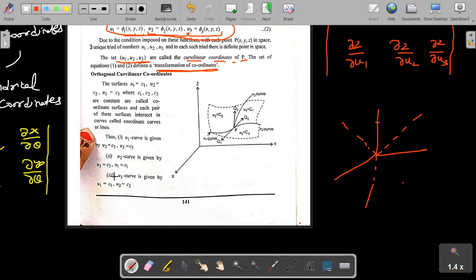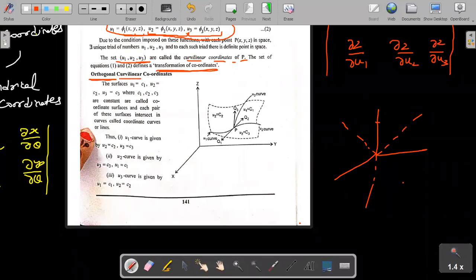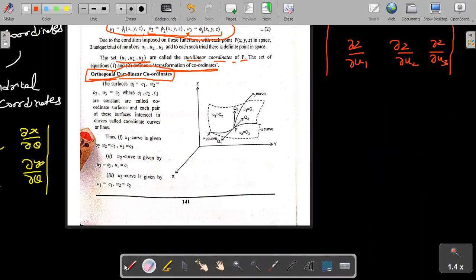So ये जो हम XYZ system use करते हैं, इसको हम orthogonal system बोलते हैं. So in particular, अगर ये curvilinear coordinates orthogonal हैं, they are known as orthogonal curvilinear coordinates. तो if I try to see this geometrically, before that let us try to understand the Cartesian coordinates.